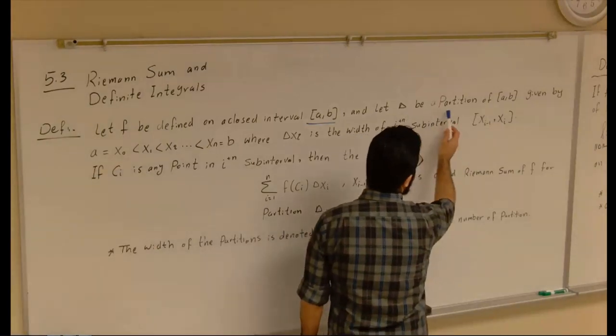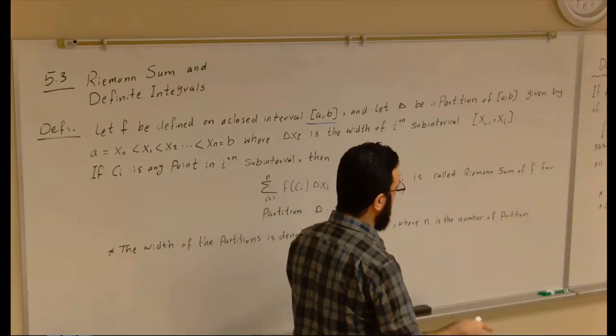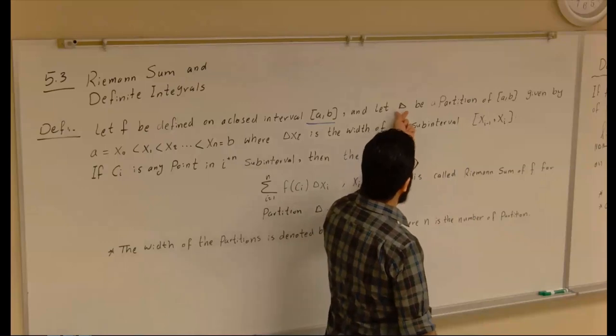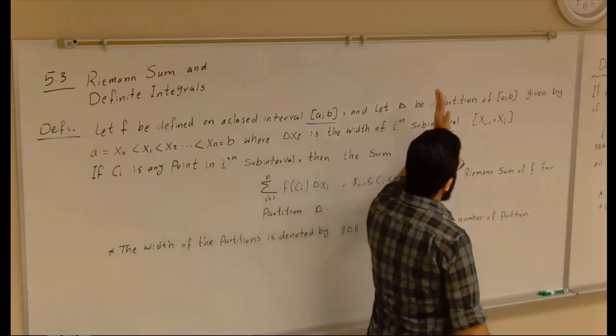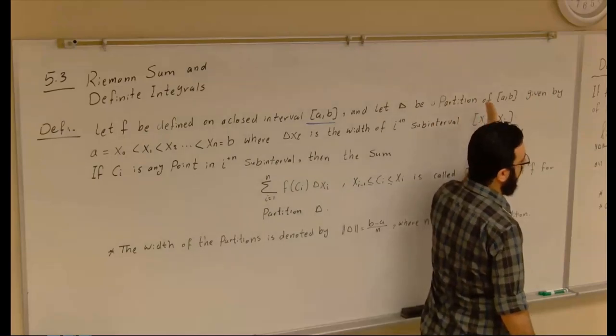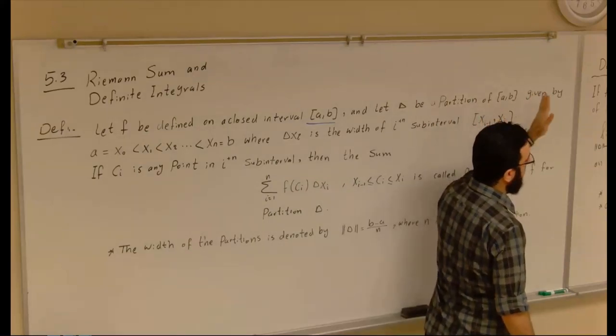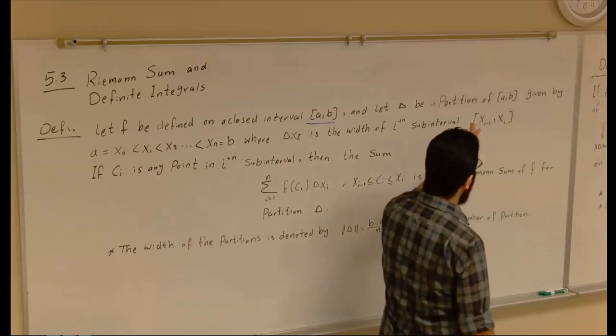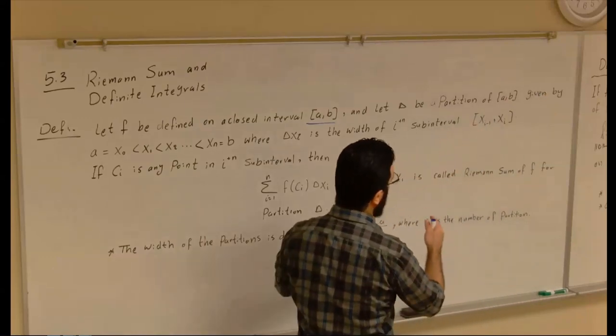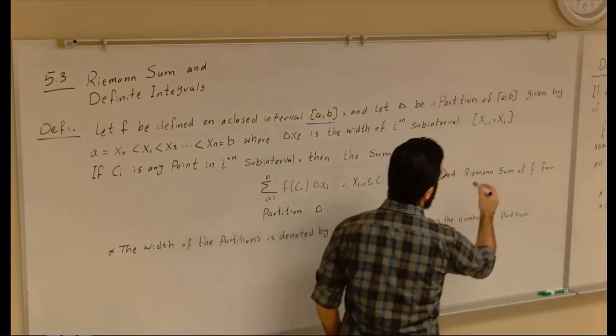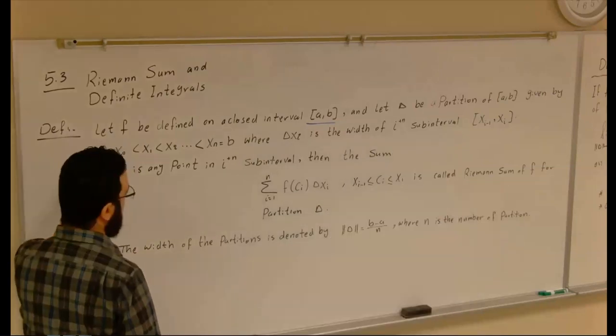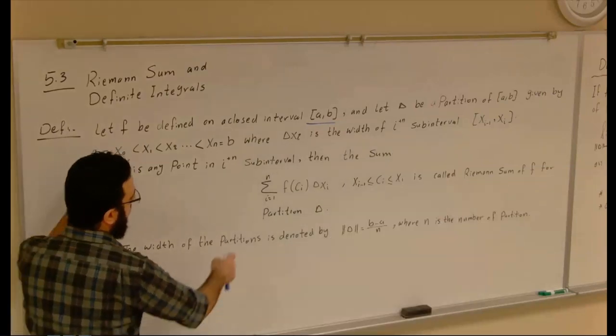Remember, when we divide the whole area into rectangles, this is going to be the width. We divide the interval [a, b] into a number of rectangles, which is the partition delta, given by the interval here. Here's the first number of the interval and here is the last one.